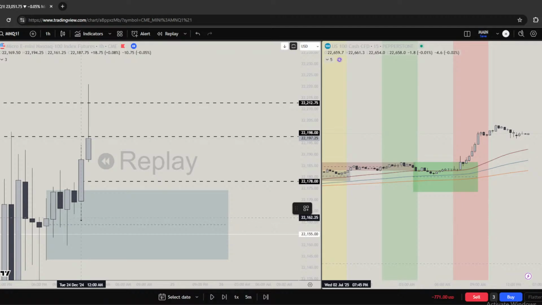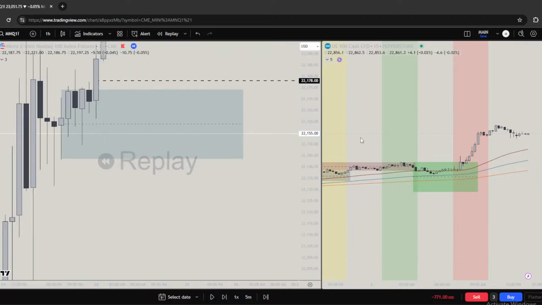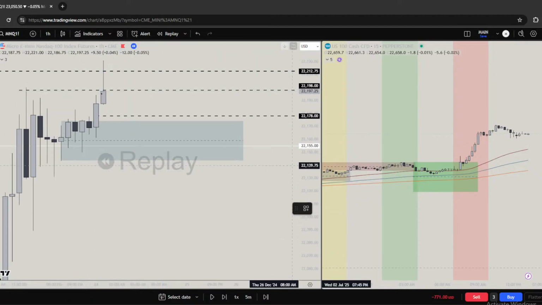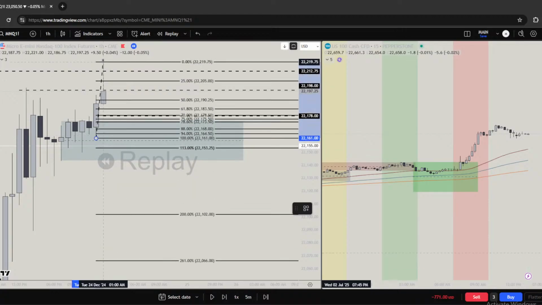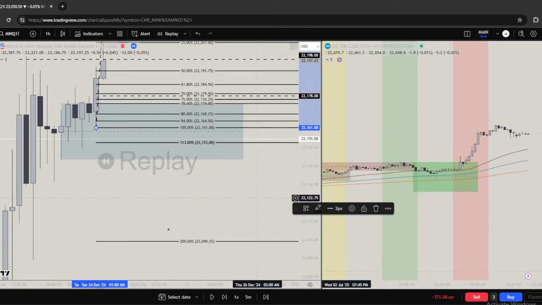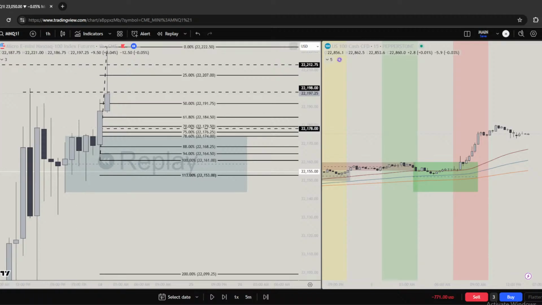Okay, that's what I'll be looking for price to maybe buy at. Run into this FVG here. So I'm looking to take price down here.